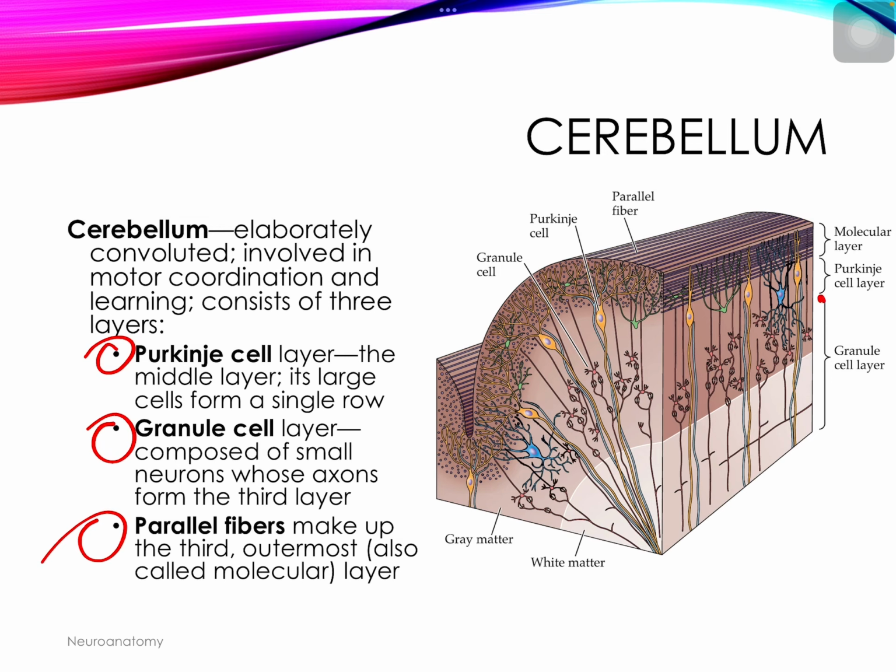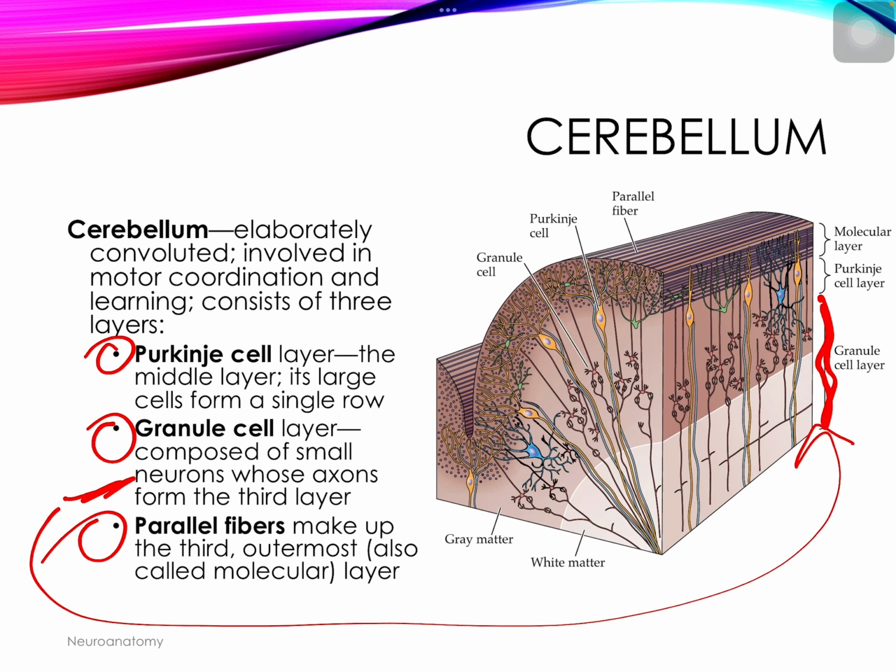So we have this layer right here. We have a granule layer, granule cell layer here, which is, you can kind of put these up here in terms of where these layers are. And then we have a Purkinje cell layer, and then we have a molecular cell layer.